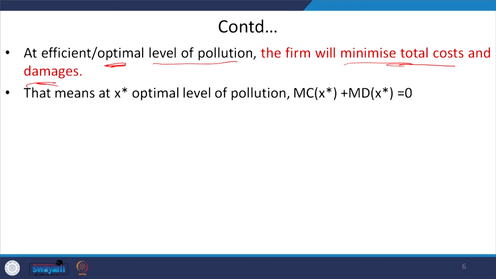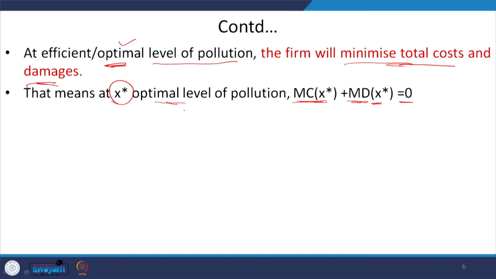What we are saying is that at this point X star, the optimal level of pollution, the marginal cost related to pollution and the marginal damage at this efficient level must sum to 0, because at the optimal level of pollution the firm will be trying to minimize the total cost and damages.